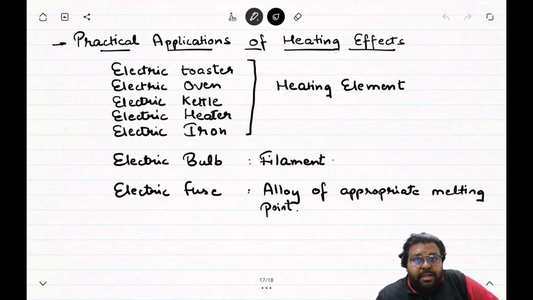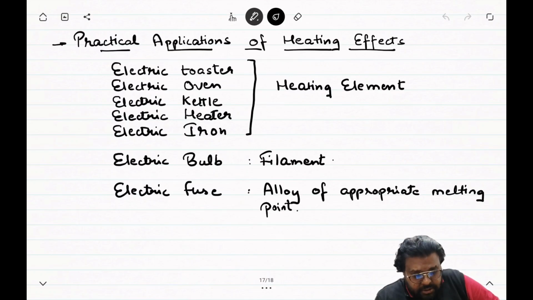Also the electric bulb contains a filament inside it. To help it not get burned, nitrogen is filled in it so that the filament keeps on glowing and does not get burned. Also there is a safety device installed in our homes, that is the electric fuse.